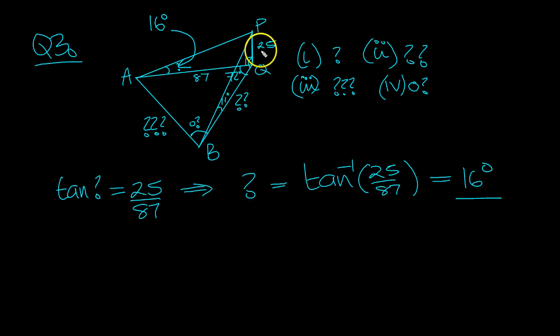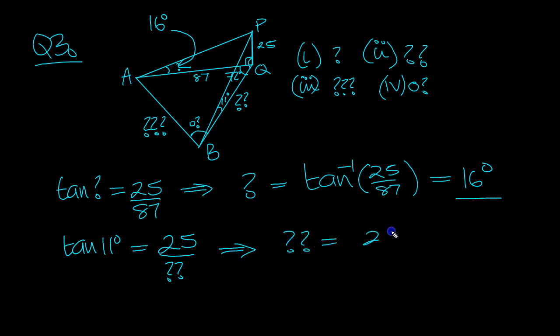We know that side is 25. We know that angle. We've got 2 of the 3. So opposite over adjacent, and we can get that, can't we? Tan 11. So tan of 11 degrees is equal to the opposite, 25, over the adjacent, which I've written as 2 question marks. So the 2 question marks is 25 over tan 11.